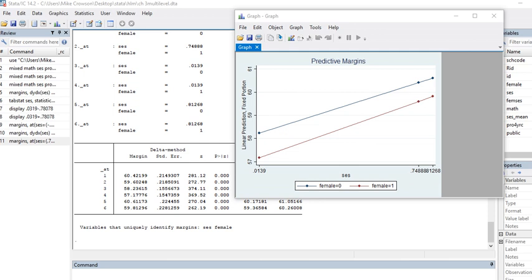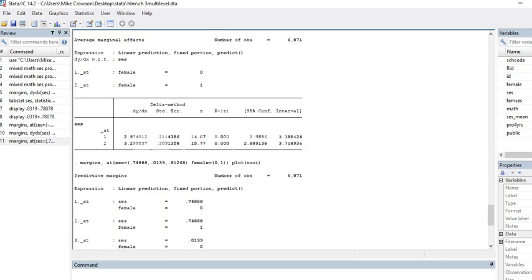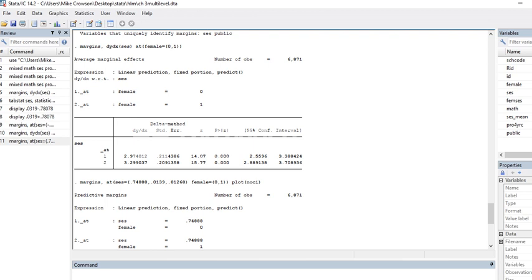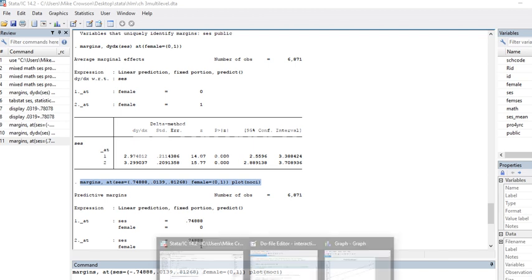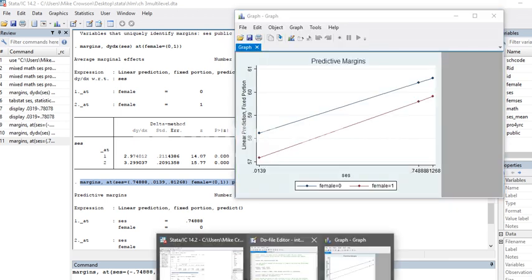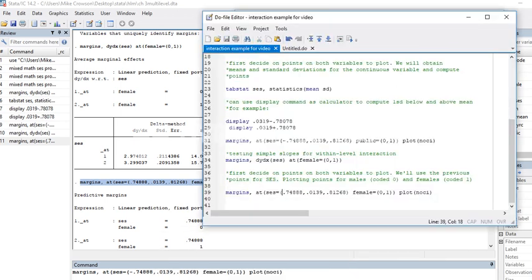You'll notice that this is a little weird, and the reason why is because, and I made this mistake earlier when I was copying and pasting the syntax, I failed to include a negative in front of this 0.74888. So there you go. So that's what happens when you forget to include a little negative sign where it should be.